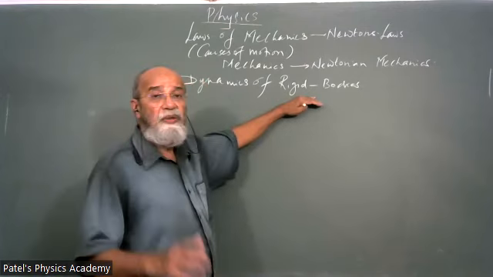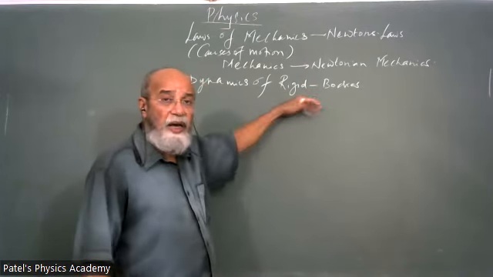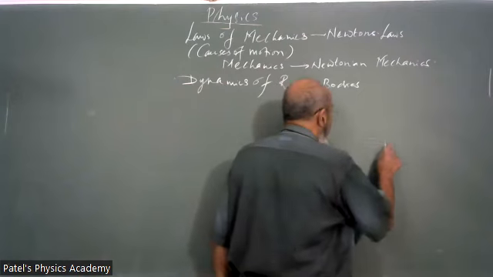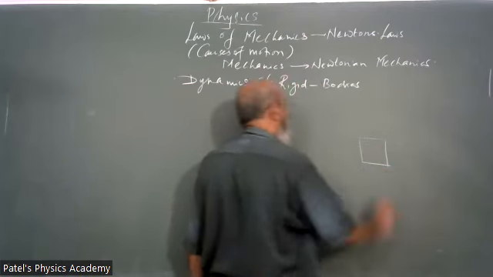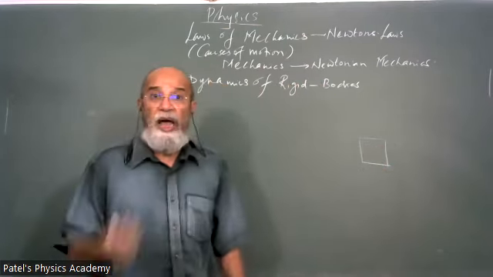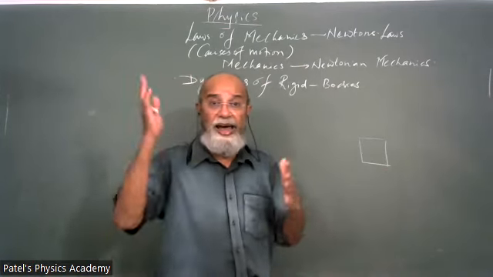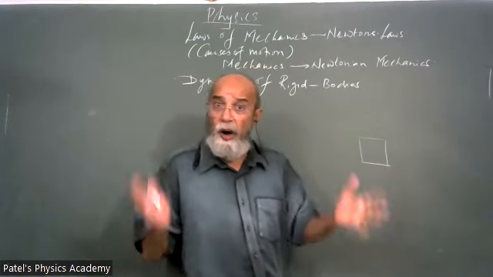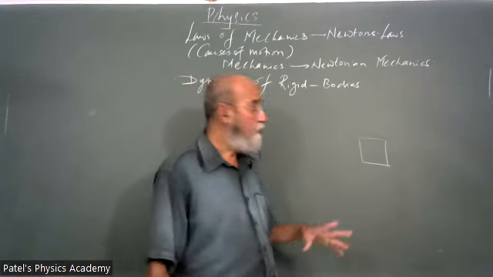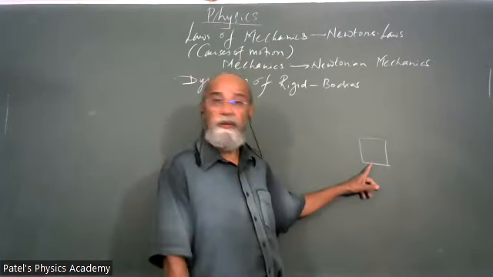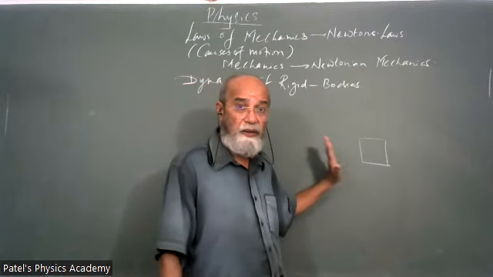So we are discussing rigid bodies. Fair enough. And we are going to use this symbol for the rigid body. I might be talking of a chair or a table or a ladder or a ball. My symbol will be this. Please understand this.